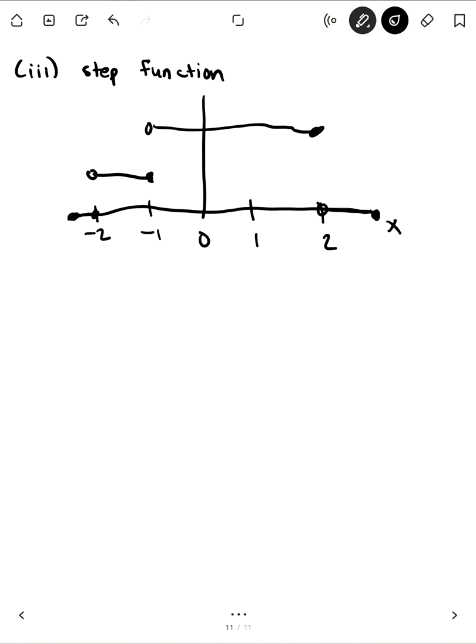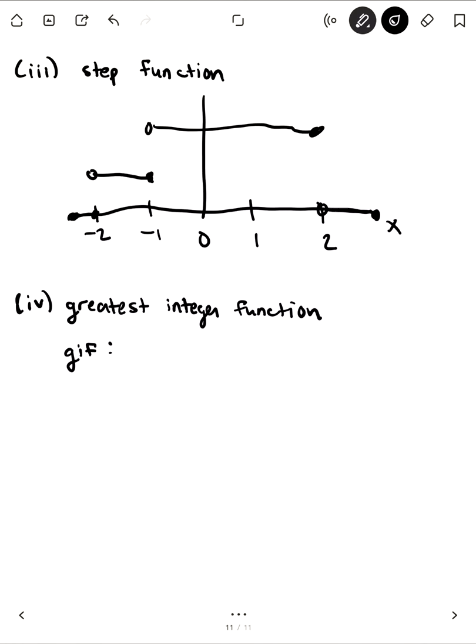Another example is the greatest integer function. What is the greatest integer function? I'm going to call it just the greatest integer function, GIF.